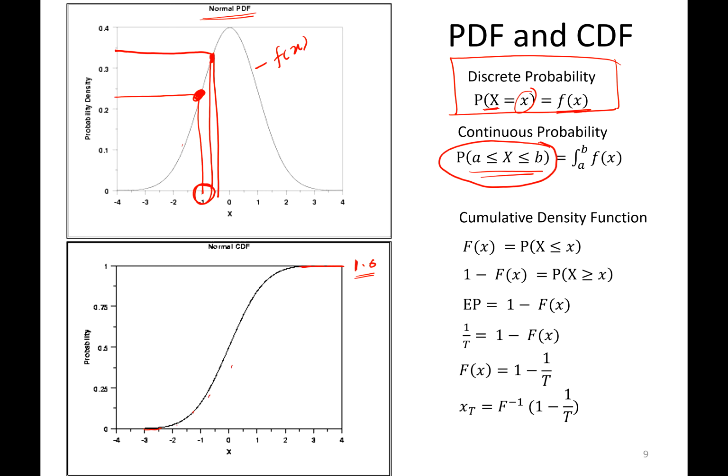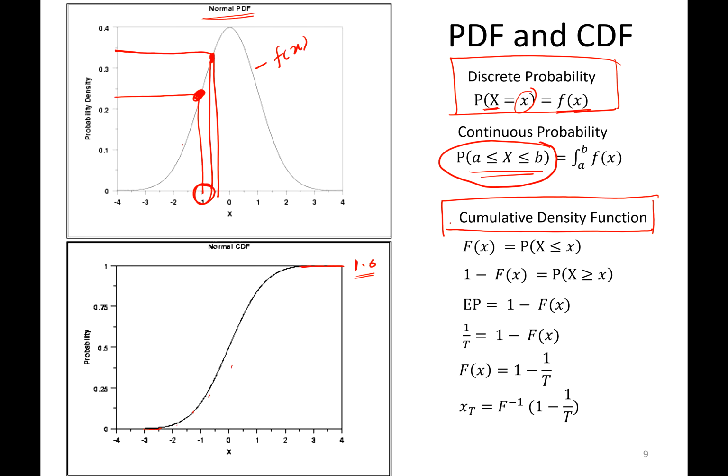This is how you can use a probability density function to get the probability for a continuous random variable.